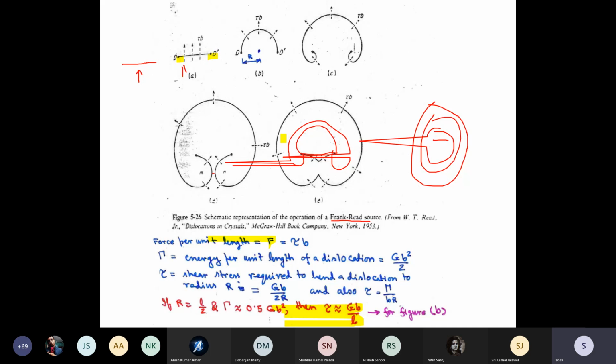Let me give you a corollary. You are sitting in your room, and you have a broken piece of glass bottle lying on the floor. You know where it is. If I ask you to quickly go out of your room, can you do so?